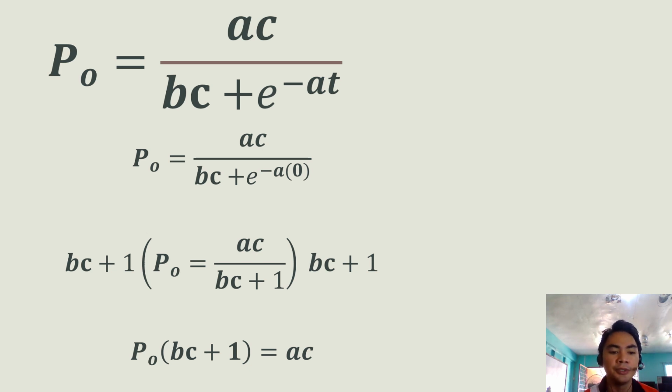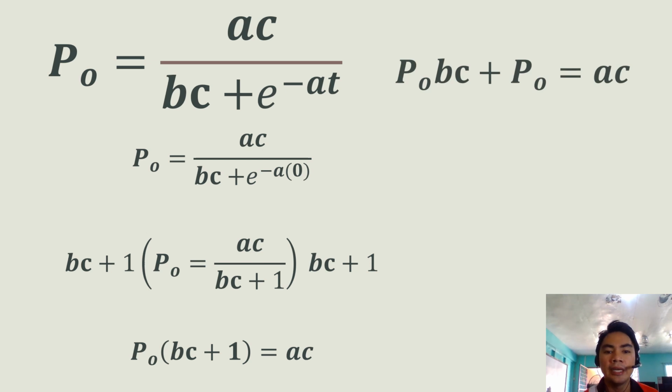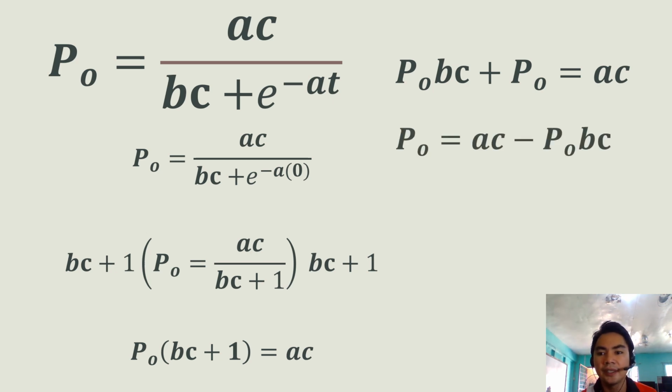Now let's distribute and multiply. So we have p sub 0 times bc plus p sub 0 is equal to ac. And then let's subtract both sides by p sub 0 times bc. So we have p sub 0 is equal to ac minus p sub 0 bc. And by that, let's factor out c from the right side.